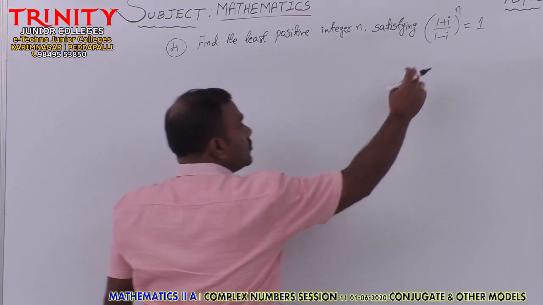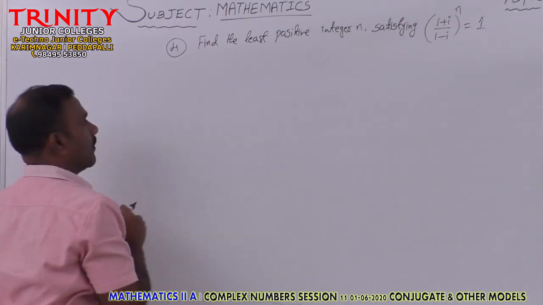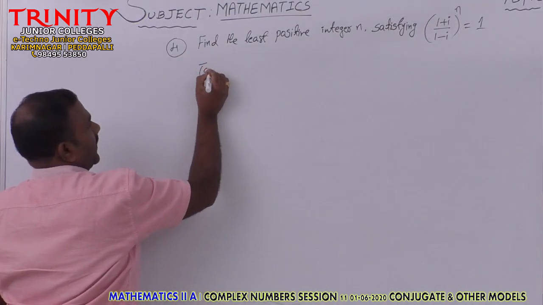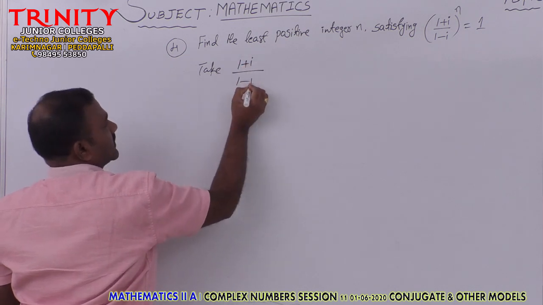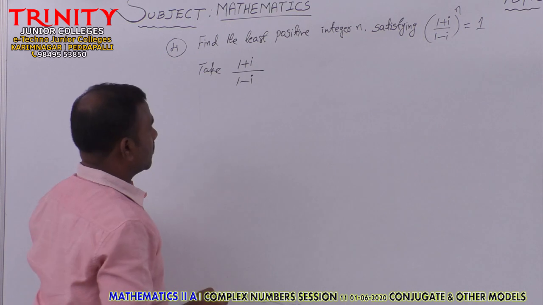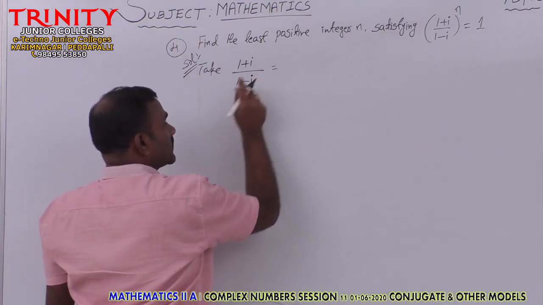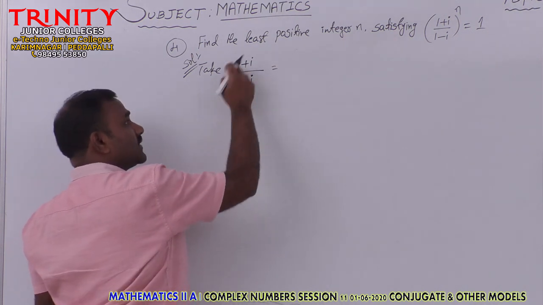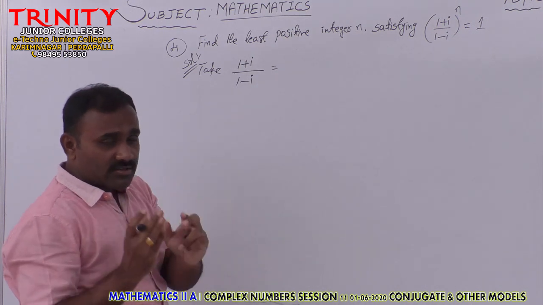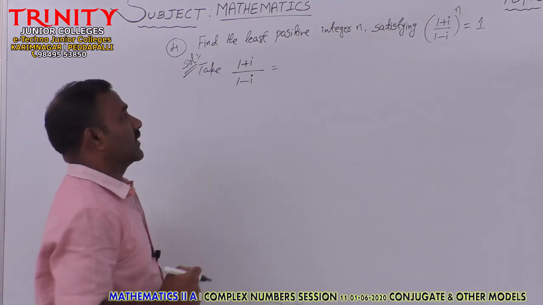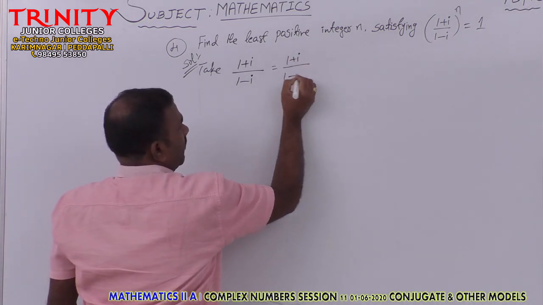For that, first express (1 + i)/(1 − i) in the standard form of a complex number. Solution: first simplify it, get it into its simplified form, which is the standard form a + ib.